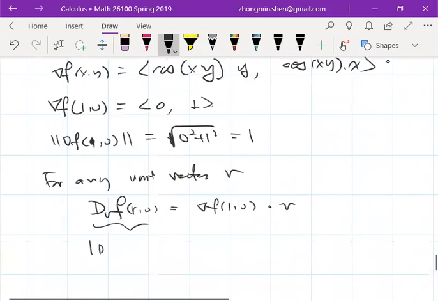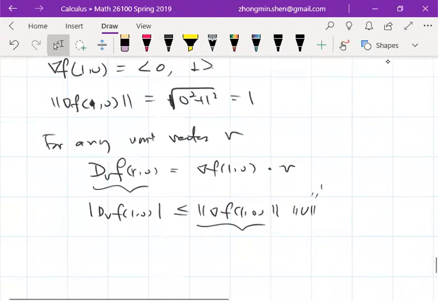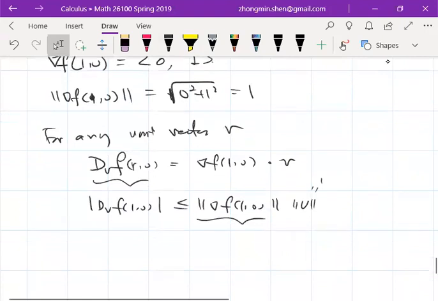So its value is always less than or equal to the length of the gradient, since v is a unit vector. This is the maximum value, and it is reached when v is in the same direction as the gradient of the function. That is the idea behind why the length of the gradient is the maximum rate of change.